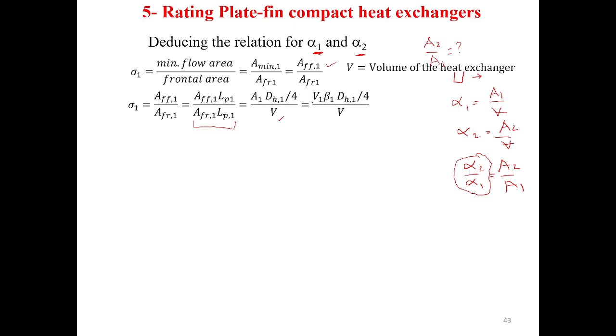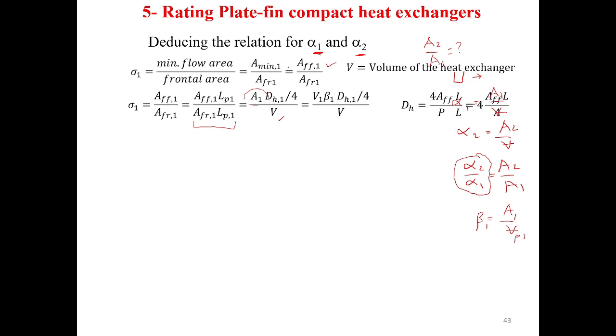Also, since the heat transfer area 1 can be related to beta, since beta 1 is equal to the heat transfer area divided by the volume between the plates for side 1, we can remove A1 and write instead the volume between the plates V1 multiplied by beta, and dH, the hydraulic diameter, divided by 4 as it is.